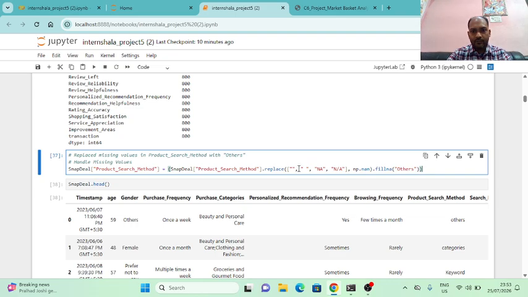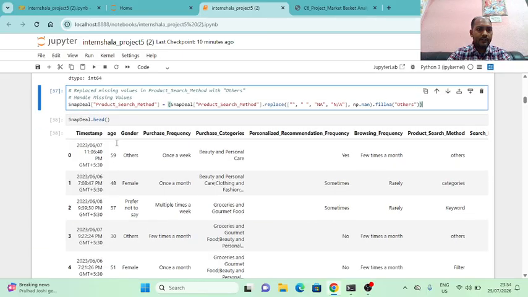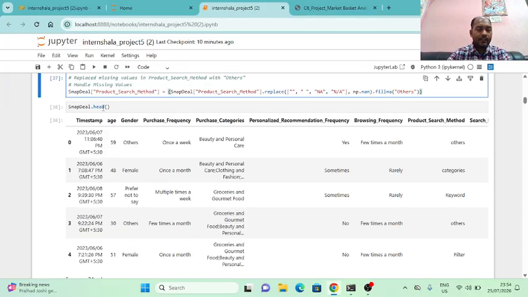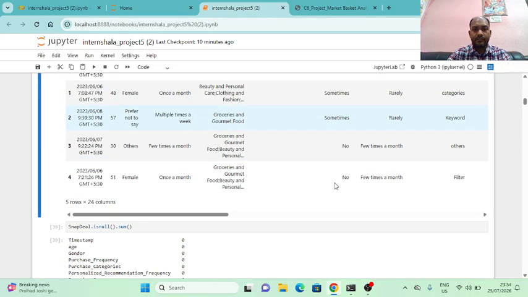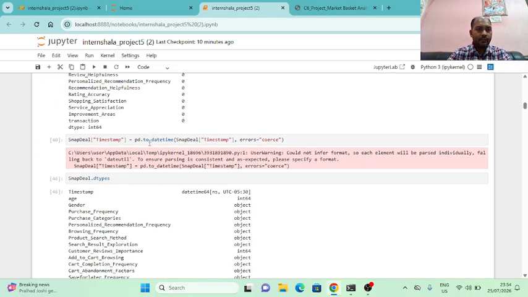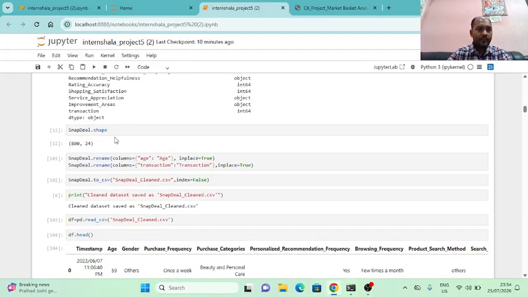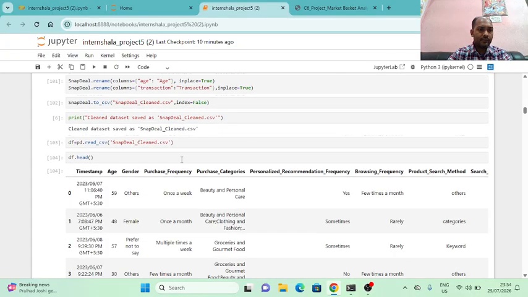So I have filled those values with "Others" in the product search method column. And after that, when I looked at the Snapdeal database, all the blank values were filled with "Others". Now I have found the shape, that is 800 rows and 24 columns.